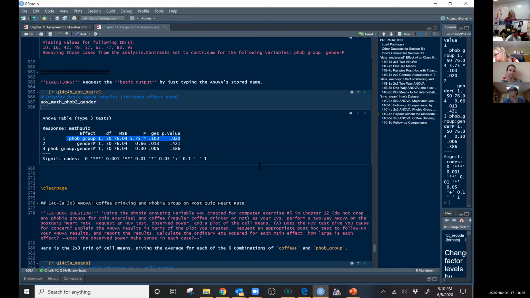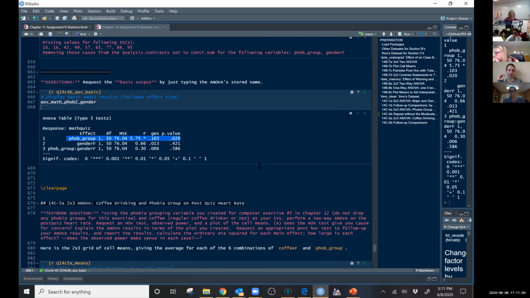When we eliminate our 3rd group, with 2 groups you don't need a follow-up test because there's only 1 pair. The only way for the variable to be significant is if that 1 pair has a difference. If you have 3, you do Fisher's. If you have 4 or more that are roughly the same size, you do Tukey's.